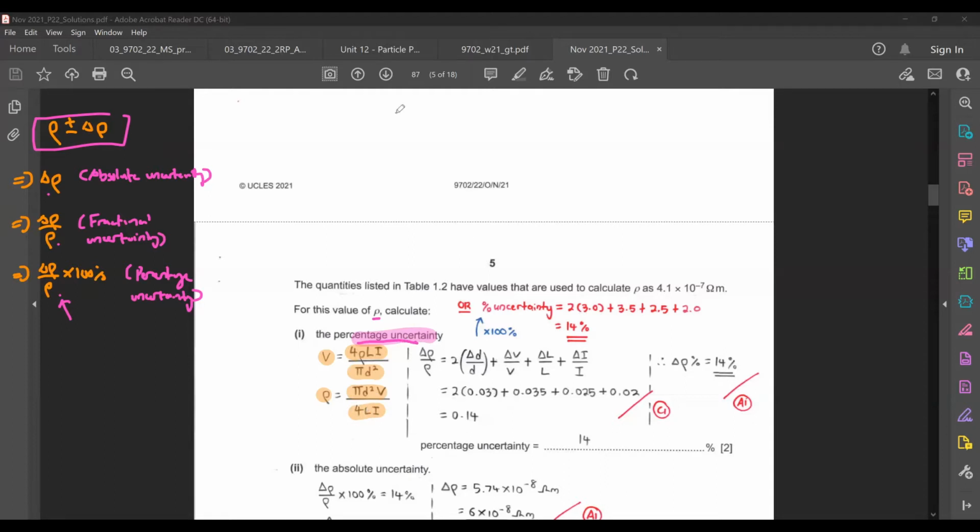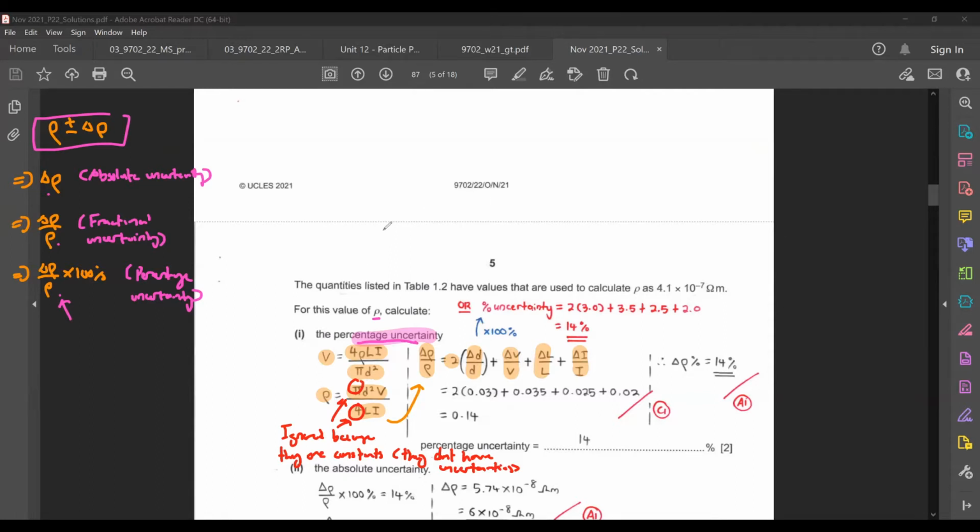Now from here, you would be able to get something like this, where we say that fractional uncertainty of rho is 2 times fractional uncertainty of d plus fractional uncertainty of V plus fractional uncertainty of L plus fractional uncertainty of I. This pi and 4 here are ignored because they are constants, right? They don't have uncertainties. So usually that is one of the things that you just need to be aware of. Any constant you see, you just ignore it.